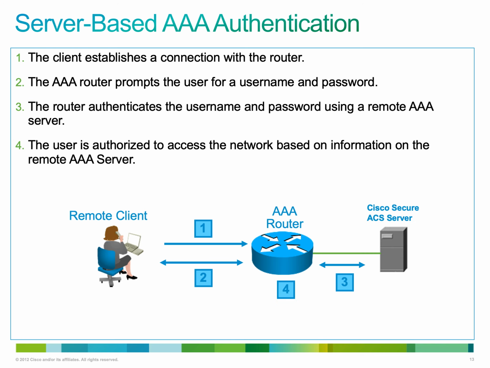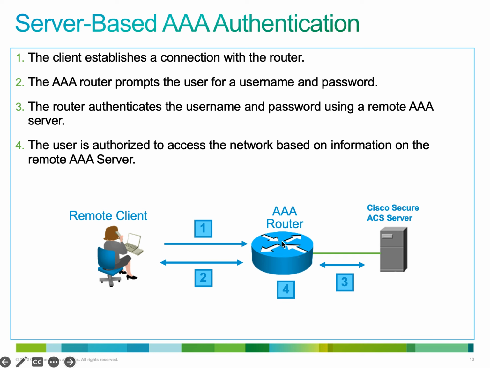Now let's take a look at this server-based process diagrammatically. Step 1 is that the client will establish a connection with the router. Look at the client. The client will establish a connection with the router. That's step 1 for this server-based AAA authentication. Step 2 is that the AAA router prompts the user for a username and password.